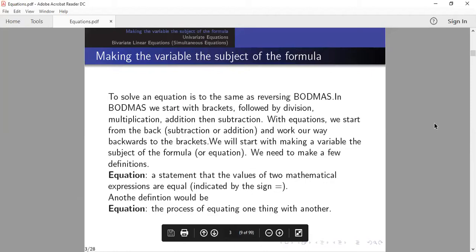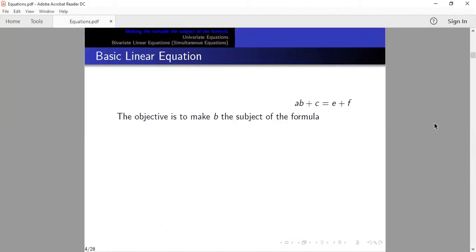Now, the basic linear equations. A linear equation will be thoroughly explained when we do univariate equations. But basically, a linear equation is an equation where the variable is multiplied, first of all, by a constant coefficient, meaning it must take some number. We may not know what the number is, but it must take some number.